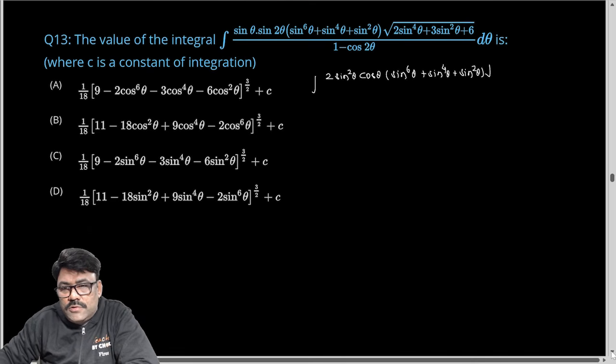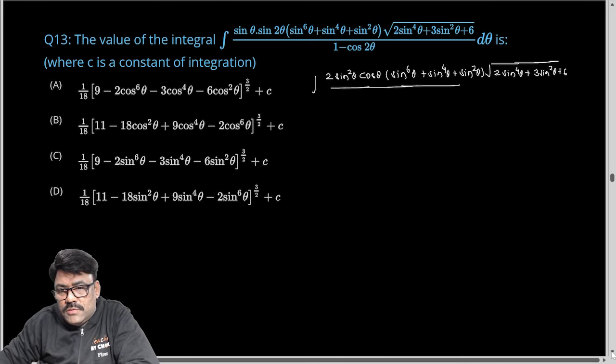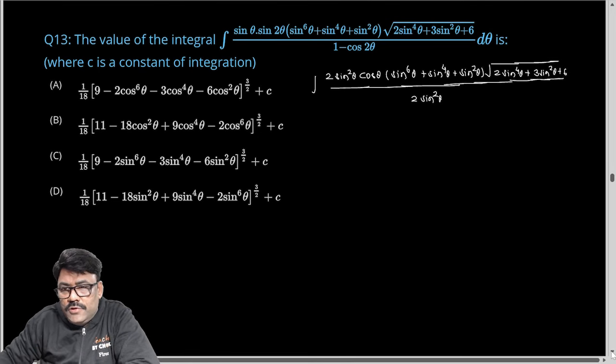Then under root 2 sine raised to 4 theta plus 3 sine square theta plus 6. And in the denominator, I can write 1 minus cos 2 theta as 2 sine square theta d theta. So this 2 sine square theta disappears.